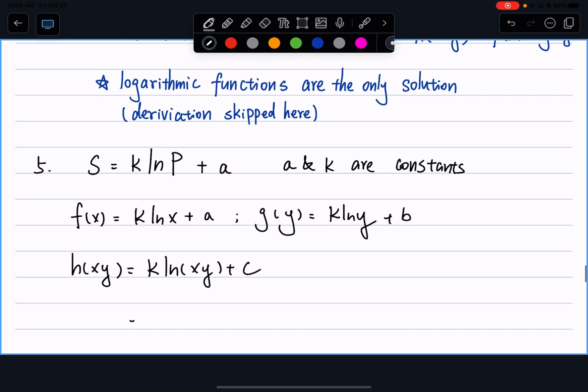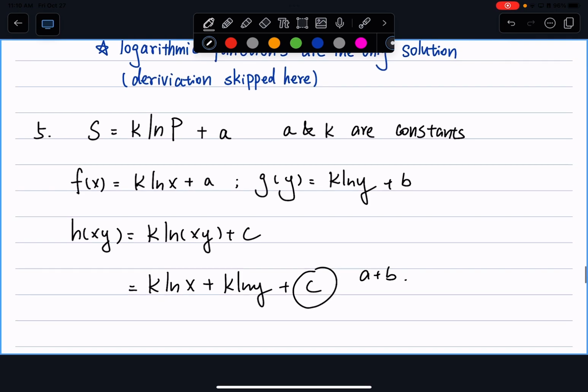You write that out, it becomes k log x plus k log y plus c, and your c here just equals a plus b. Just a quick demonstration of why the logarithm function works for this scenario.